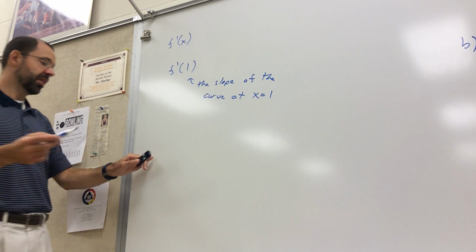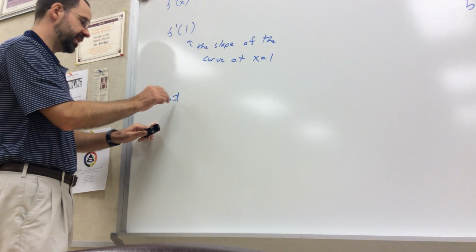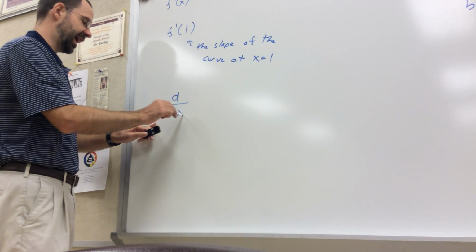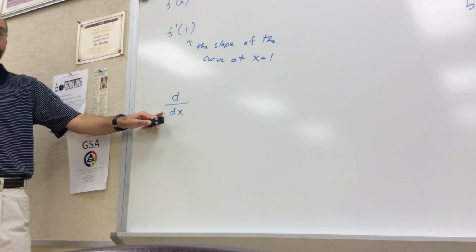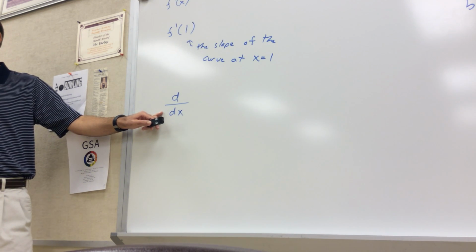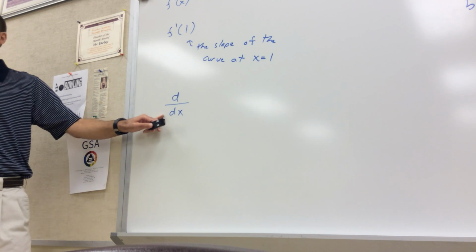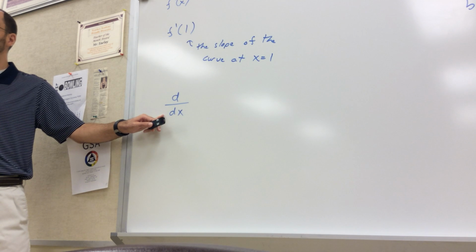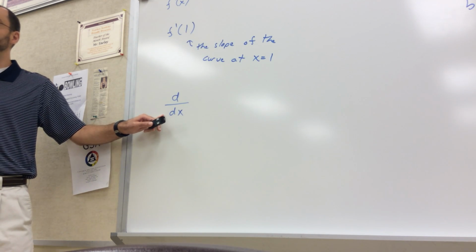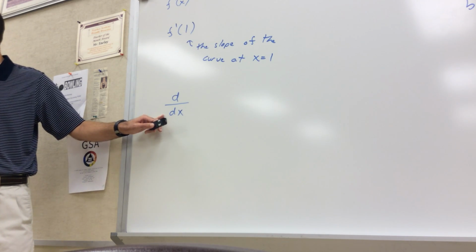Okay, then there's another bit of notation. It's d over dx. And this is a command, like plus. So a plus sign tells you to do something. It says take the two numbers and add them together.